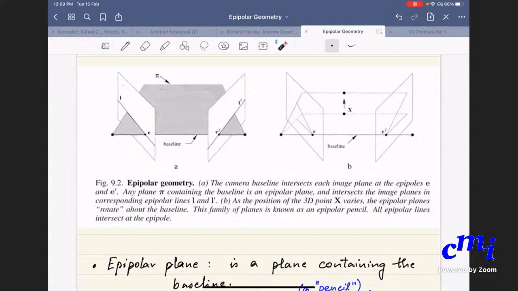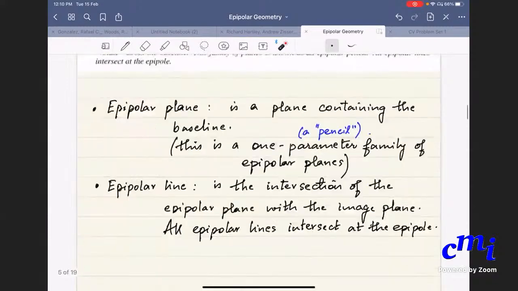Since all these epipolar lines pass through the epipole, the planes also pass through the epipole, so you'll have a family of planes like this. When your X changes, your plane will change, but they will all pass through the baseline. So that family of planes is also called a pencil of planes passing through E, or passing through the baseline.